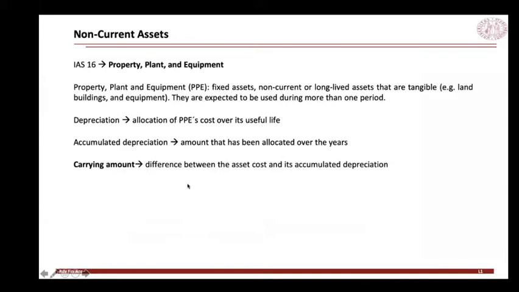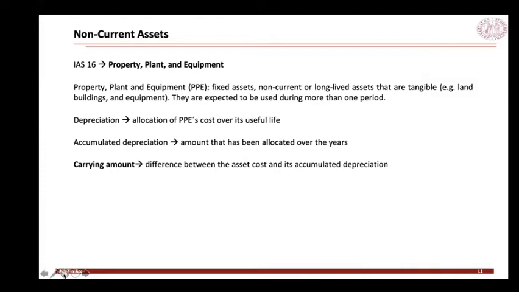Property, plant, and equipment, abbreviated PP&E, are fixed assets: non-current, long-lived assets that are tangible. What does non-current mean? Non-current means that they are expected to be used during more than one accounting period.